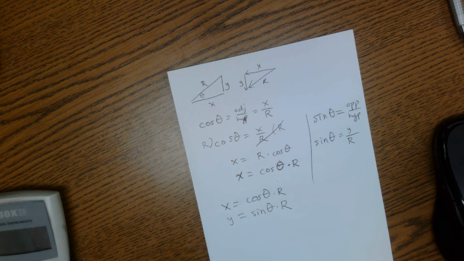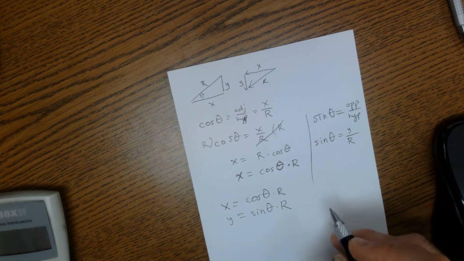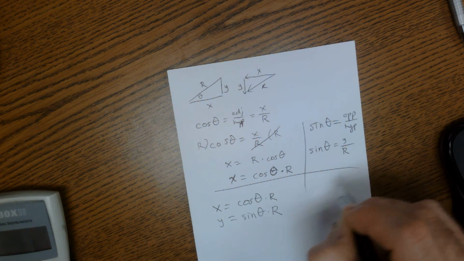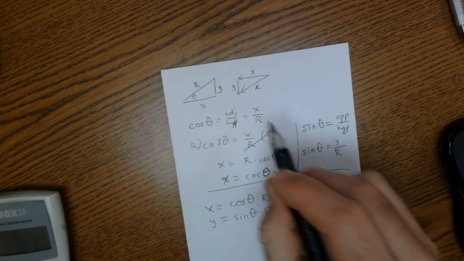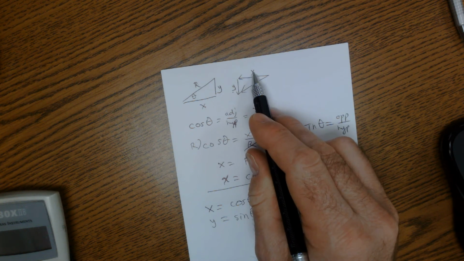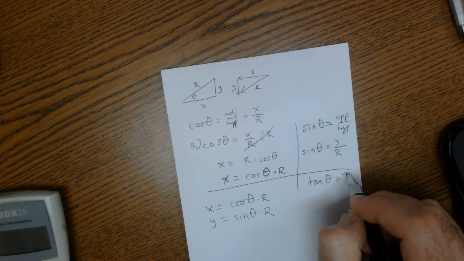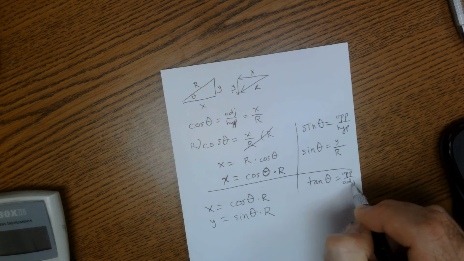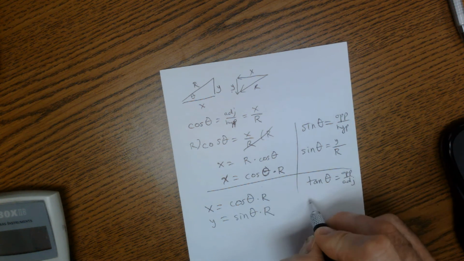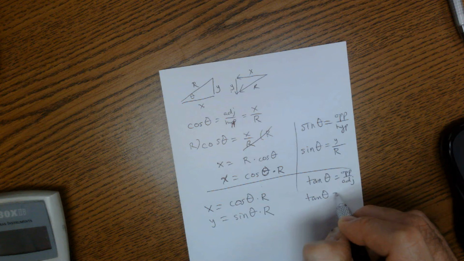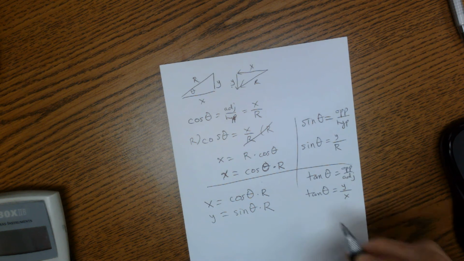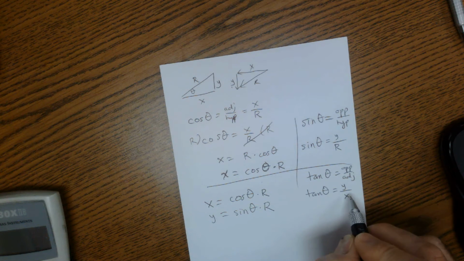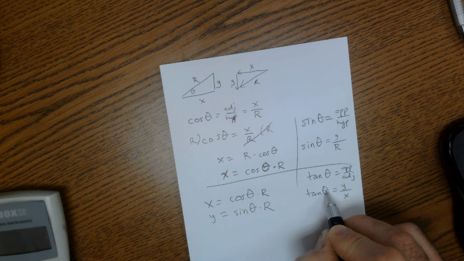A lot of times when we're working to find the angle, we have this formula: tangent theta equals the opposite over the adjacent. We can rethink that as tangent theta is y over x, but we don't really need to find the tangent, we need to find the angle.